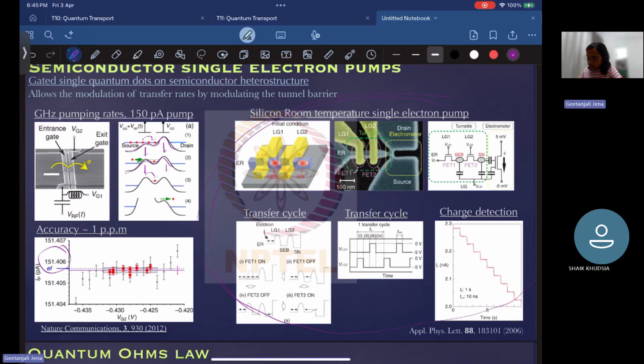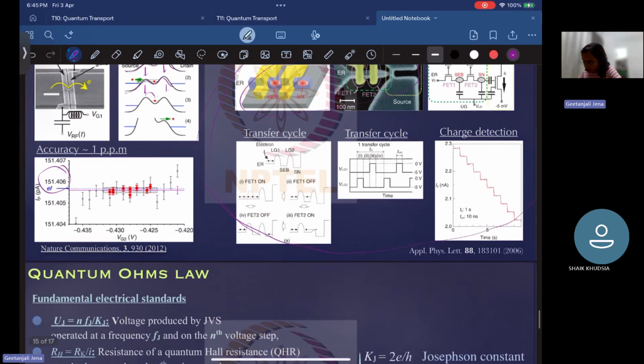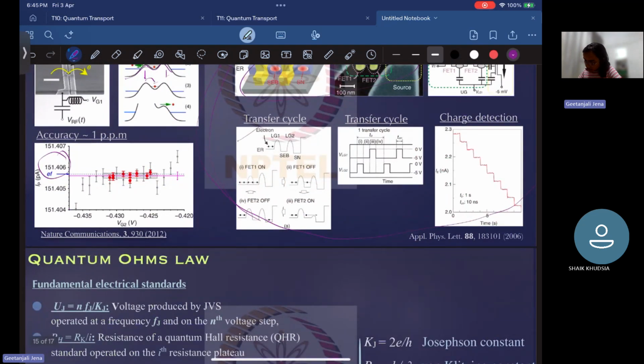If you look at the second plot, it is for a silicon room temperature single electron pump. Okay, so this is the schematic. From this graph, you can see that you are regulating the voltage of one of the gates, and you are making the electron tunnel to this.